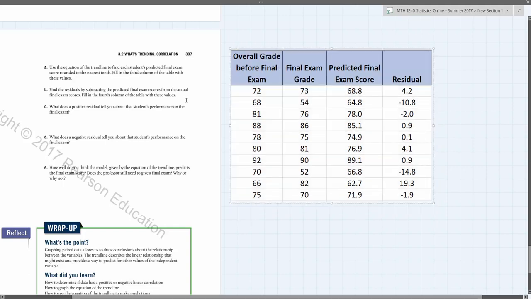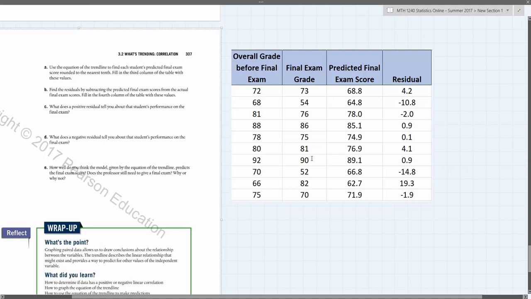So I have that here as well. Part C says, what does a positive residual tell you about the student's performance on the final exam? If we look at just the positive residuals, the observed value is bigger than the predicted value.